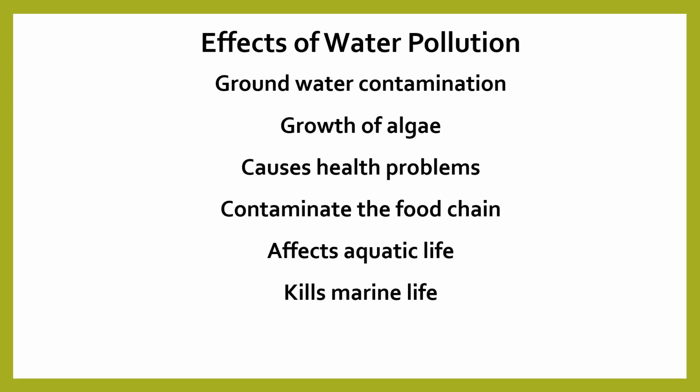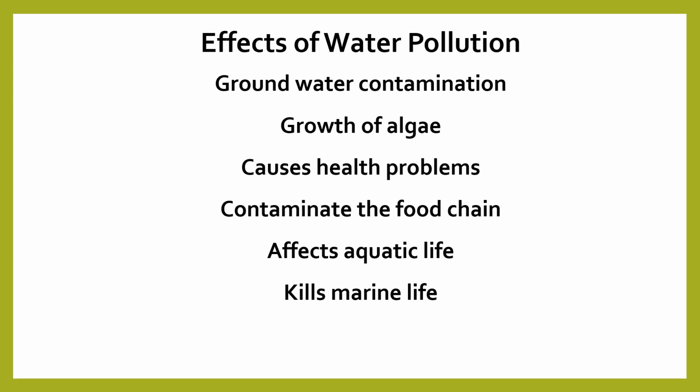So the fish, for example, or any other marine or aquatic creature that we consume, like shrimp, fish, they will consume whatever poisonous or harmful substance is in the water. And when we eat these creatures, we end up getting poisoned just the same.